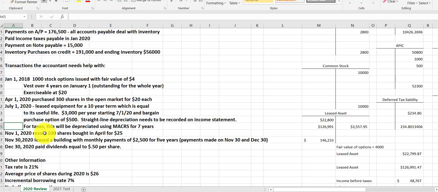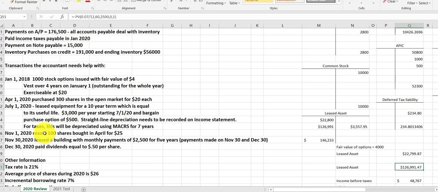And then we finally have a lease, a building with monthly payments, $2,500 per month for 5 years. So that's 60 payments. So we again are going to record that at the present value. So we do the present value like it says here. Present value 7%.